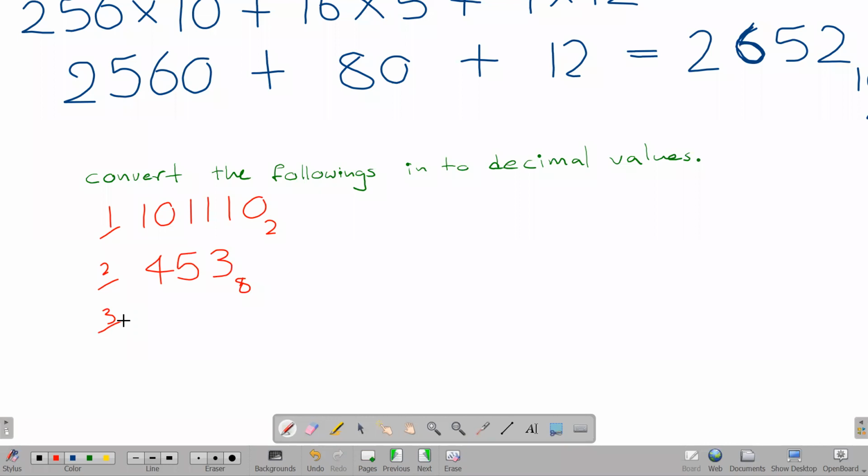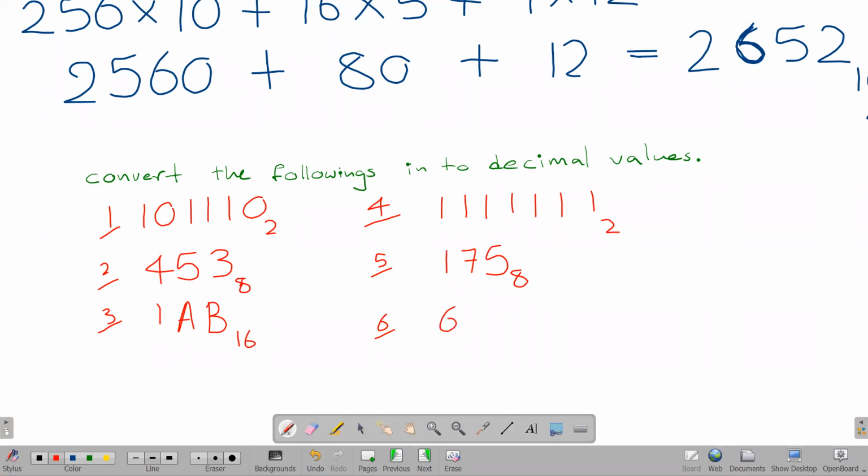Third one, 1AB in hexadecimal. Fourth one, 7 in octal. Fifth one, 175 in octal. Sixth one, 1 in hexadecimal.